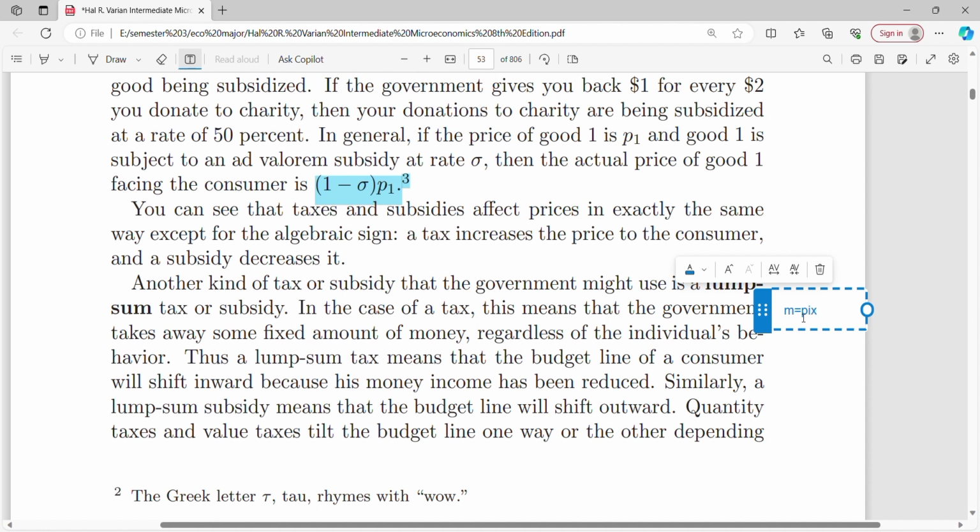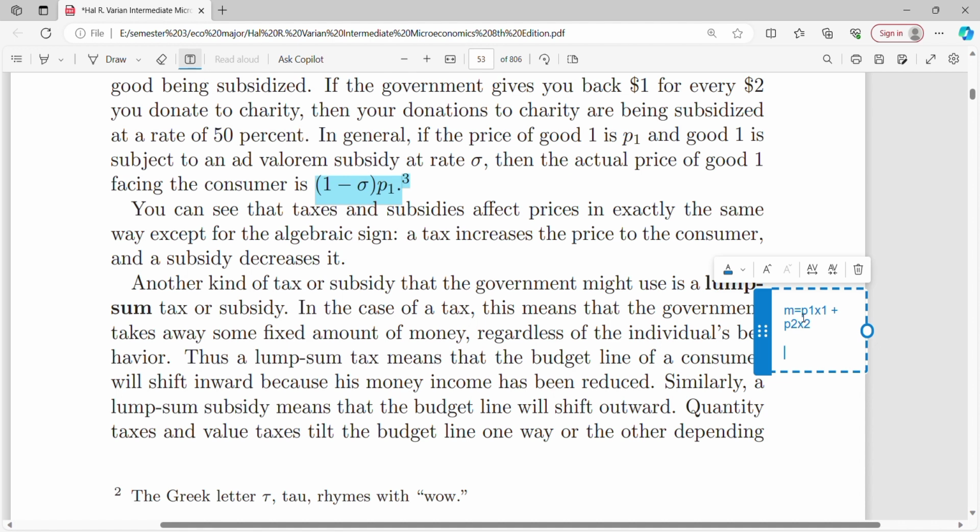P1 x1 plus P2 x2 is equal to M. So when it comes to this lump sum tax, irrespective of the behavior of the consumer, regardless of the quantity of goods or value of goods that he purchased, this is applied on this consumer. That is, a lump sum tax of 100 rupees means an amount of 100 will be reduced from his income.